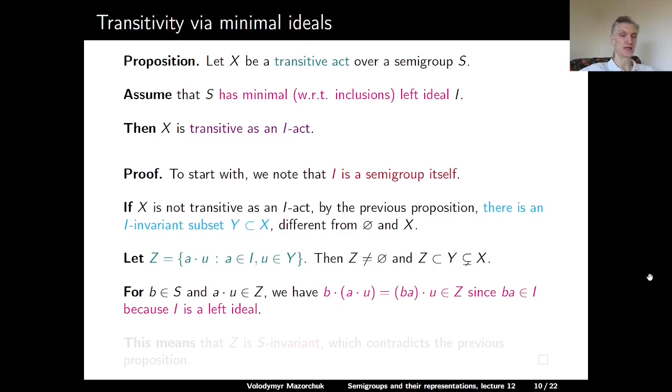But here b is an element in the semigroup and a is an element in a left ideal. So ba is an element in the left ideal, so our ba applied to u belongs to Z.